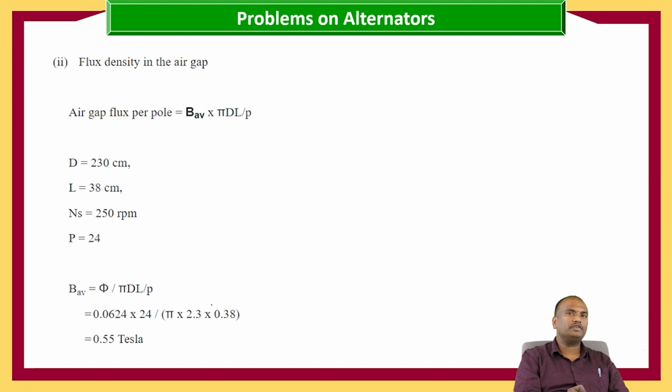We are writing in terms of meters, so 38 centimeters becomes 0.38 and 230 centimeters becomes 2.3 meters, which gives us B average as 0.55 Tesla or Webers per meter square.